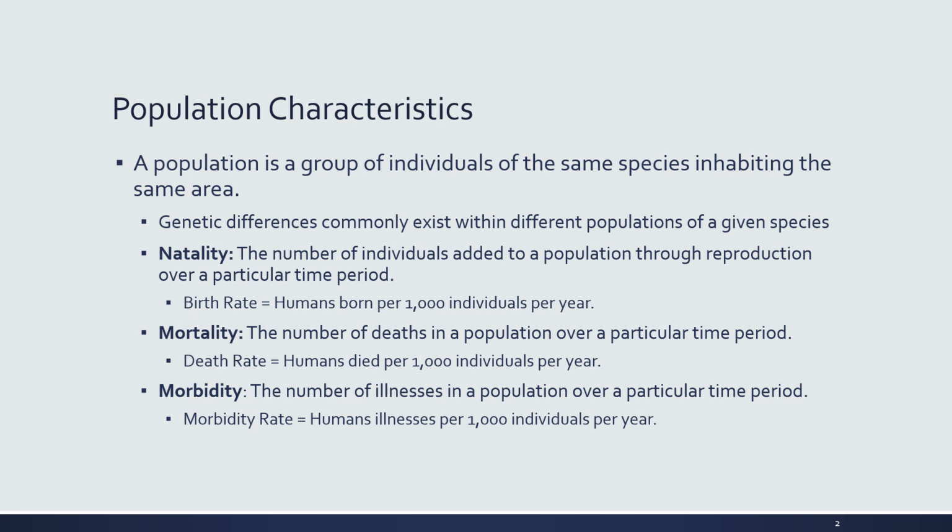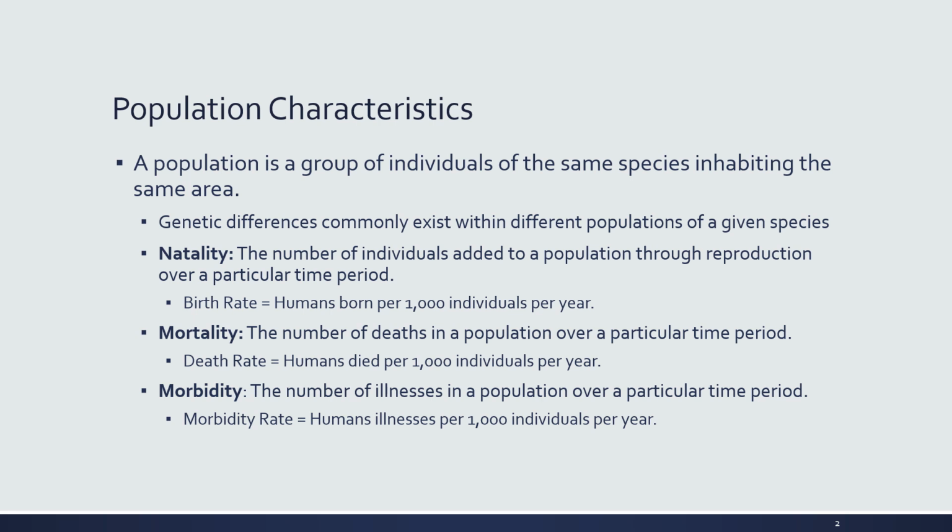Now, one type of measurement that's not always taken into account with population characteristics is a condition called morbidity. And this also means the rate of disease or the disease rate or illness rate. So this is the number of illnesses in a population, again, over a particular period of time, usually measured together with natality and mortality.